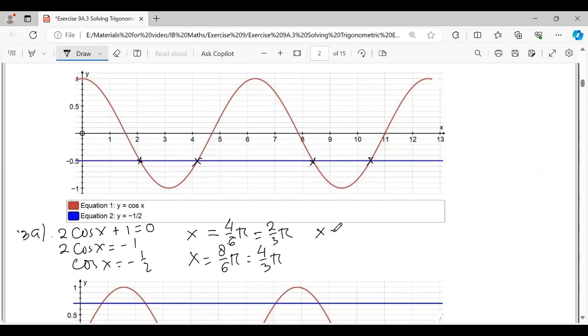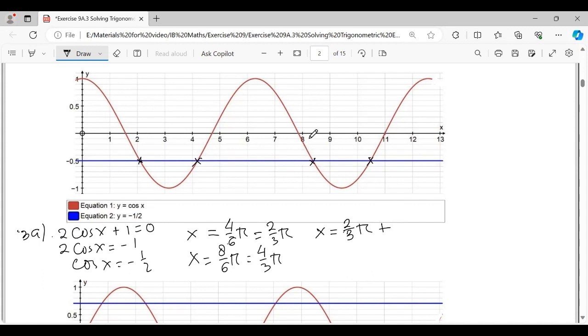This one is x equals 2/3 pi. Okay. 2/3 pi plus, oh wait, this is 8.